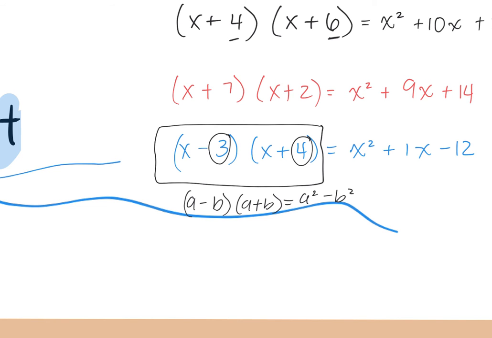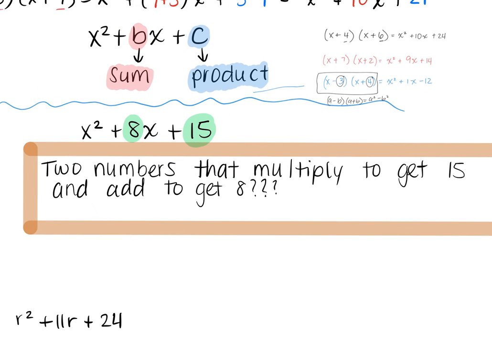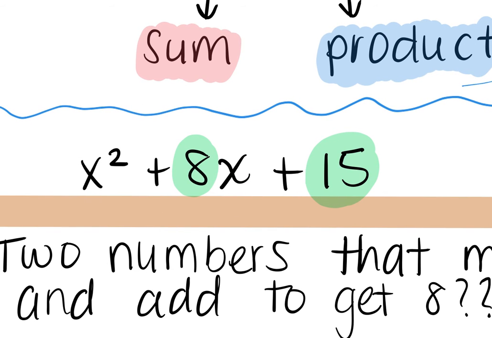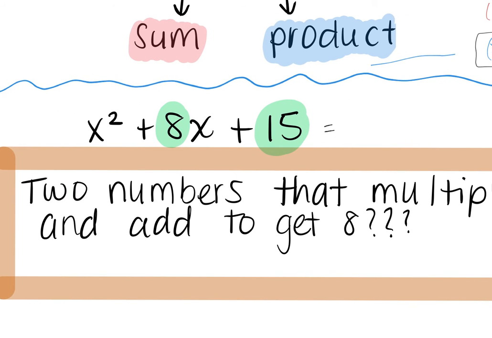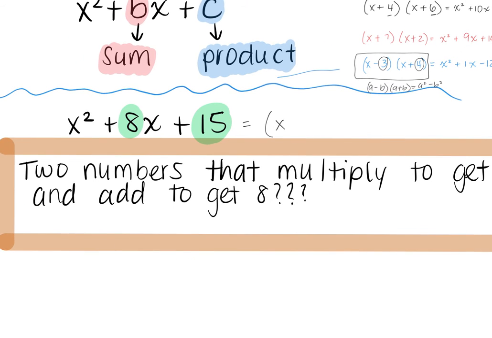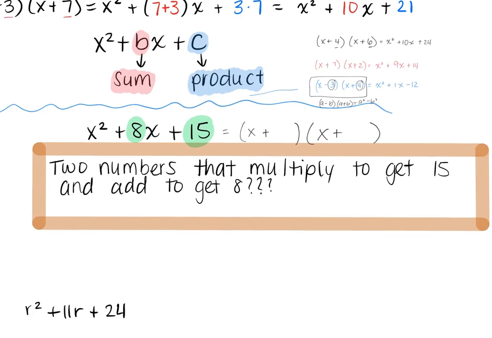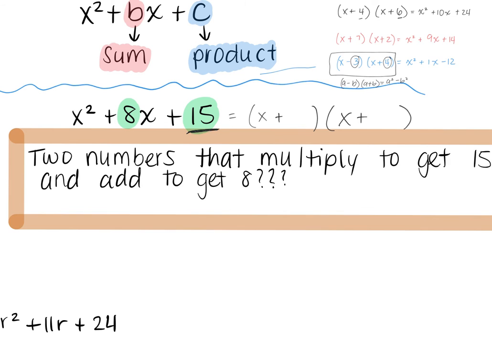Yeah. Okay. So we're going to be given this formula and be asked to write it factored out, in terms of x plus a number and x plus a number. So what you need to look for is, what 2 numbers multiply to give me 15, which is your product, but add together to give me 8?